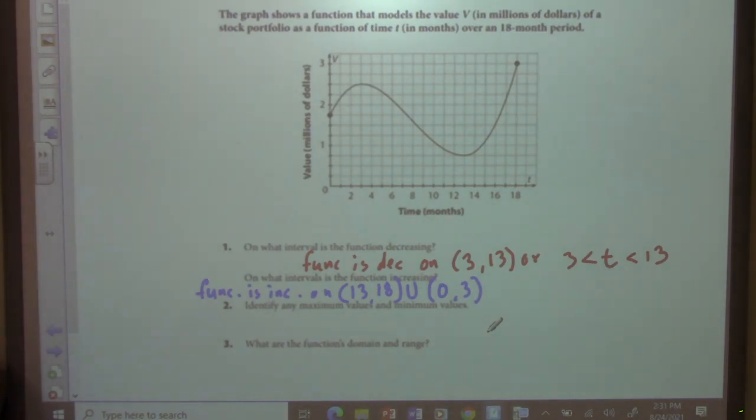Here the x value is your time, and the other is what values they are. So identify any maximum values and minimum values.